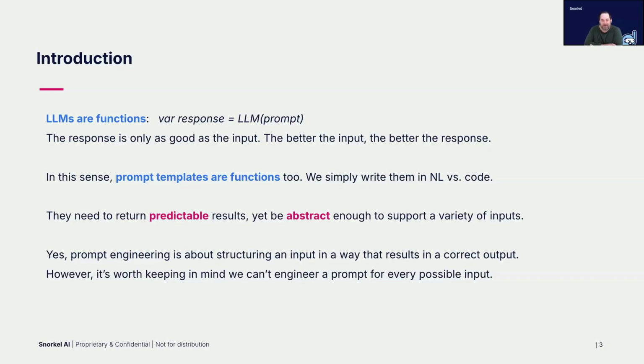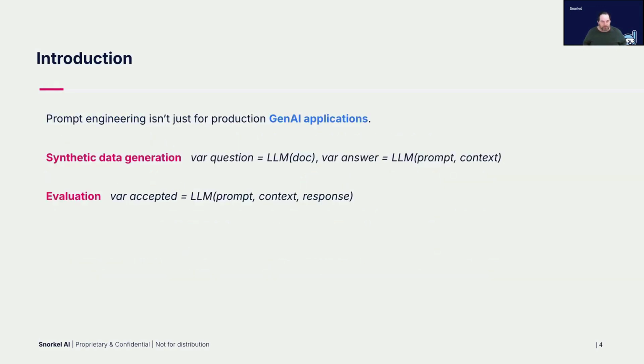So yes, we're going to talk about how we can structure these inputs so as to induce the desired response or correctness. But also when I get into the techniques, we'll talk about how we're trying to incorporate a little bit of abstraction as well. And there was one more element that I thought was worth touching on.